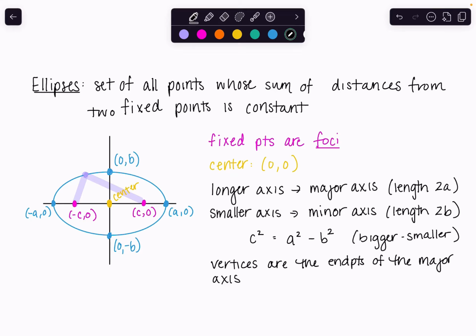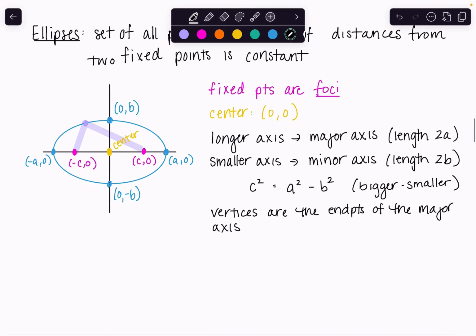And then we have standard form for this ellipse. And in that case, it looks just like a circle. It's going to have the same idea where you have x squared plus y squared, but you now no longer have a radius. So instead we like the number 1 over here. And then underneath each of these is going to be a different value.